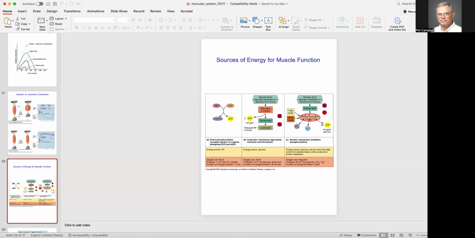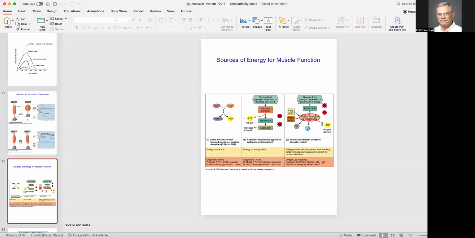So in the case of glucose, we get glucose to pyruvic acid, 2 molecules of pyruvic acid. If there's oxygen, it goes to the mitochondria, it goes into the TCA Krebs cycle, and we generate 36 ATPs.